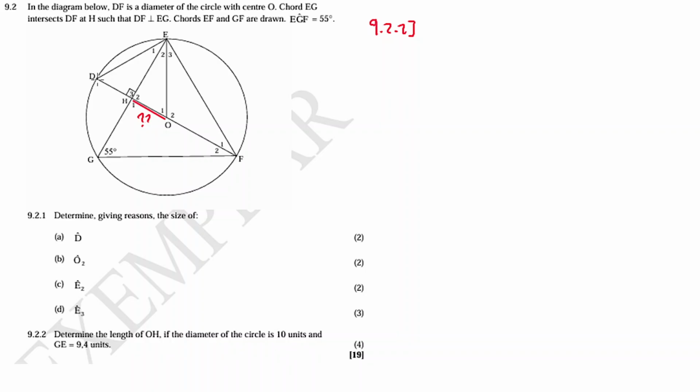This is the diameter, it is 10 units. And then GE, this is a chord, and it is 9.4. GE is 9.4.